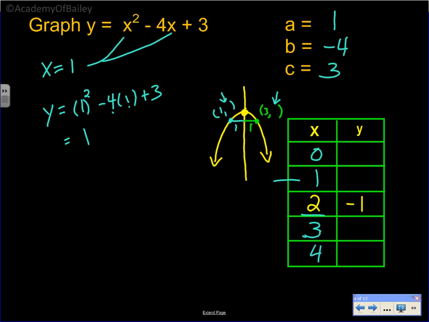Negative 4 times 1 is going to be minus 4. And then we have a positive 3. 1 minus 4 is negative 3, and we add 3 to it. Negative 3 plus 3 is 0. So y is equal to 0. So when x is equal to 1, y is equal to 0. We can plug that into the table.